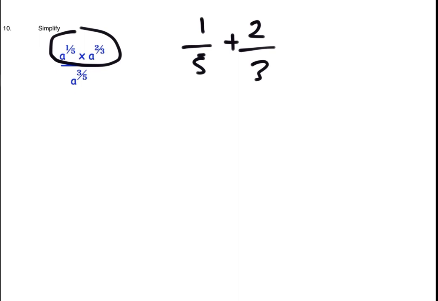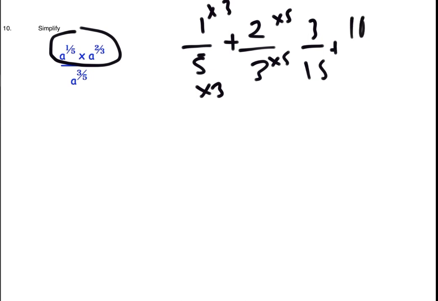We're going to find the common denominator for both. So what we can do is multiply both sides by 3 and both sides by 5. So we know that 3 over 15 plus 10 over 15 is 13 over 15. So when we deal with the top, we're left with a to the power of 13 over 15.